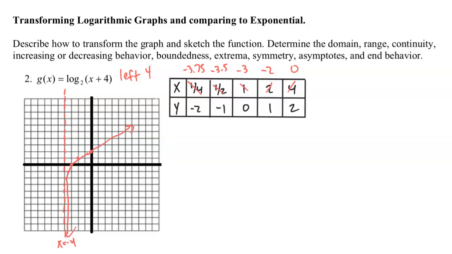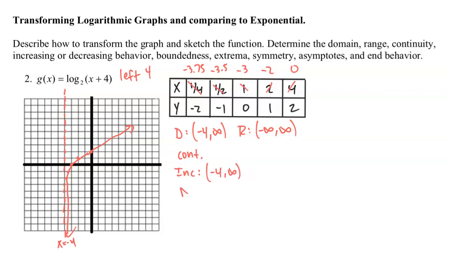Okay, so what's the domain? Well, this time it doesn't start at 0, it starts at negative 4 and goes to infinity. Again, not including negative 4 because of the asymptote. The range will still be negative infinity to infinity. This is still a continuous function. It is still increasing all the time on its domain from negative 4 to infinity.